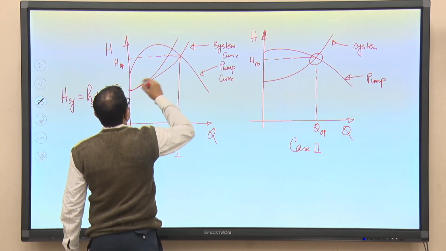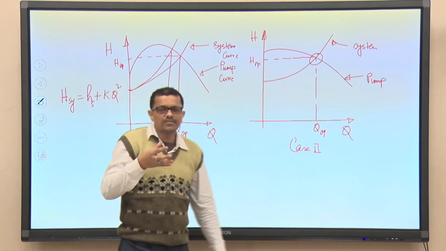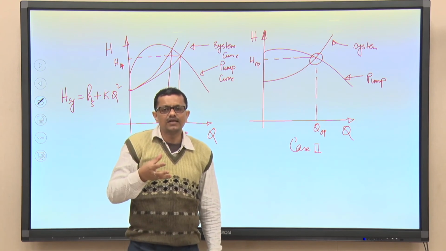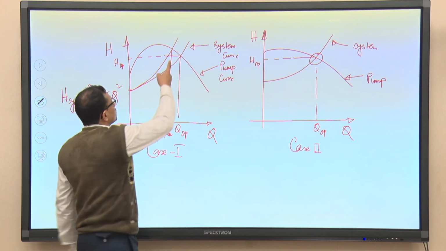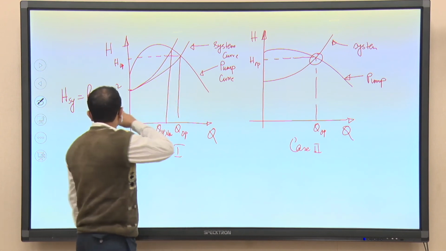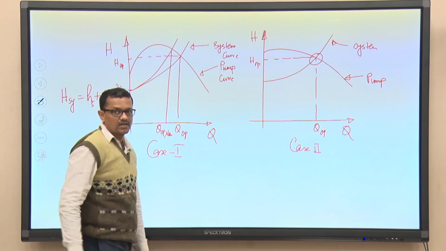So it will come like this. The operator, maybe because of less requirement, closes the delivery valve further. So, the K Q square curve will be steeper, and then the operating point will shift to this new position.